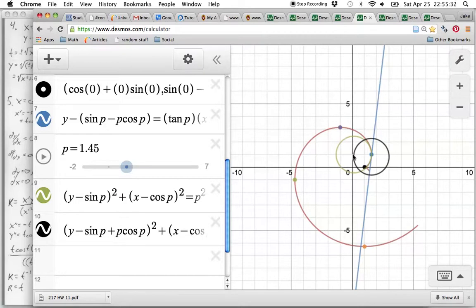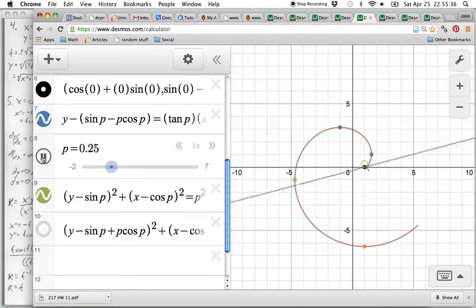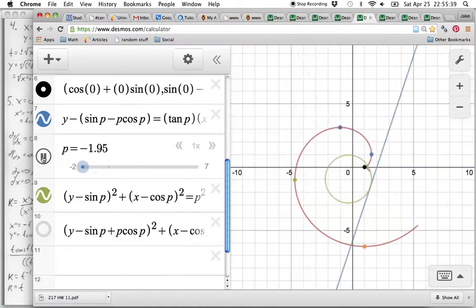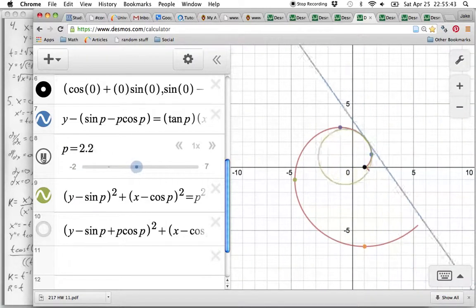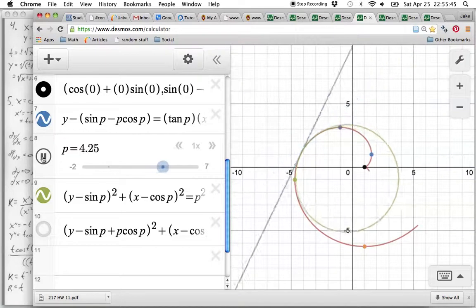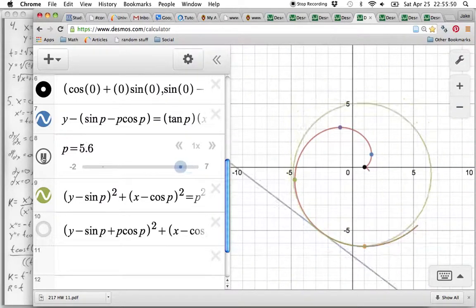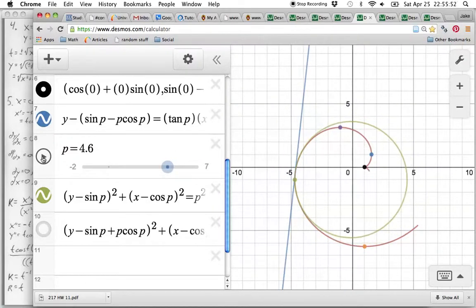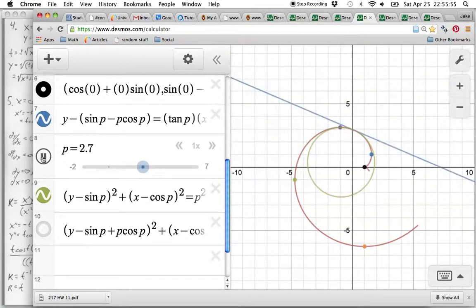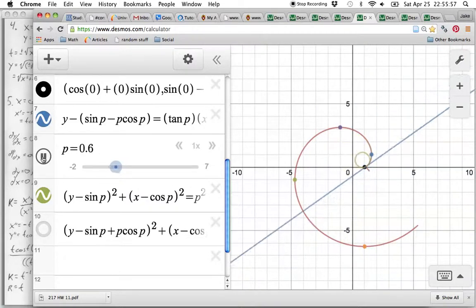And then you can find the osculating circle, and you can see as that goes around, it follows the edge and it approximates the curve at that point. Good. Okay, and I think that covers all of number 5.